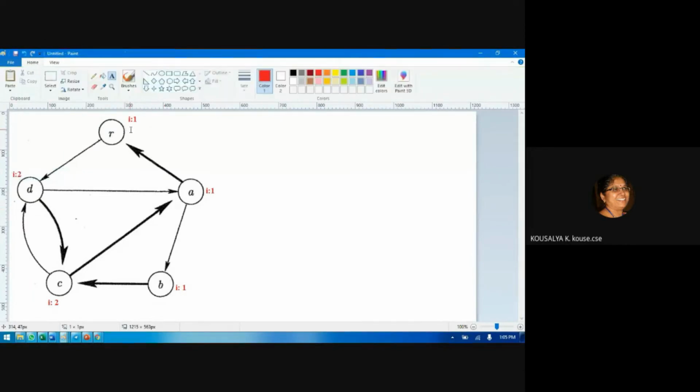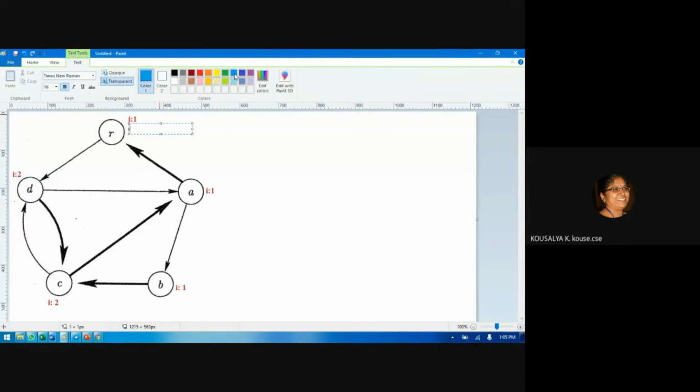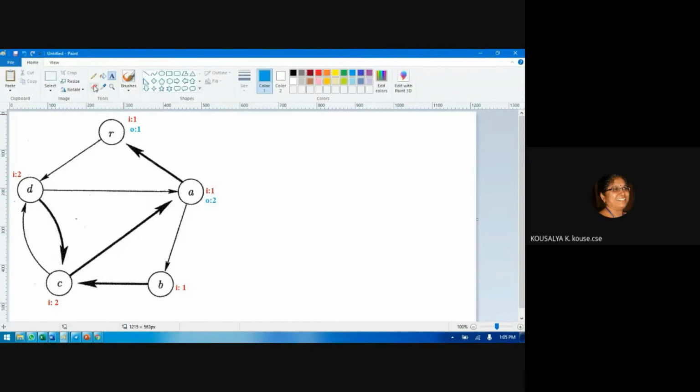Now I want to calculate the out degree. For this node, the out degree is 1. For this particular node, the out degree is also 1. Here the in degree is also 2, because there are 2 incoming edges.